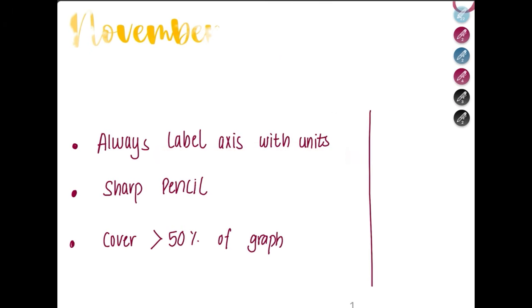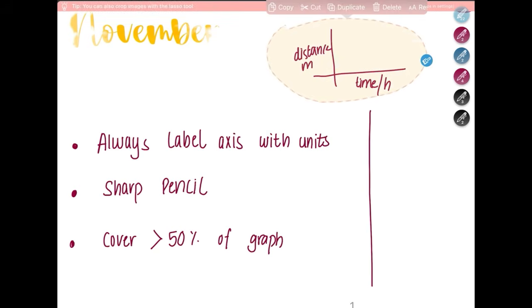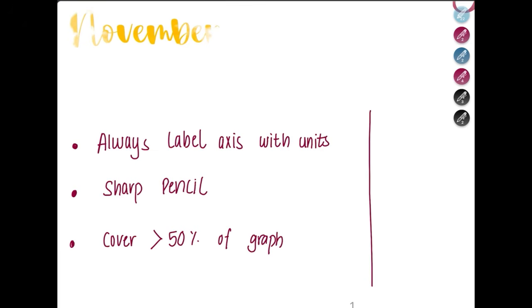And sometimes you will have some graphs which may have time in hours and distance. For example, if you're asked to find speed in kilometer per hour or meter per second, you might have to convert the units. A lot of people don't pay attention to the units and lose a lot of marks. So these are some small mistakes that can be easily avoided.